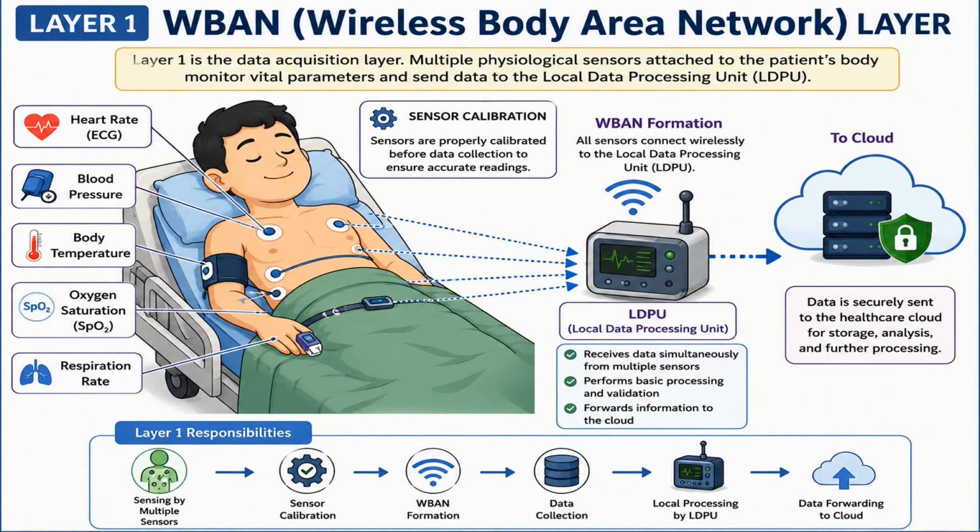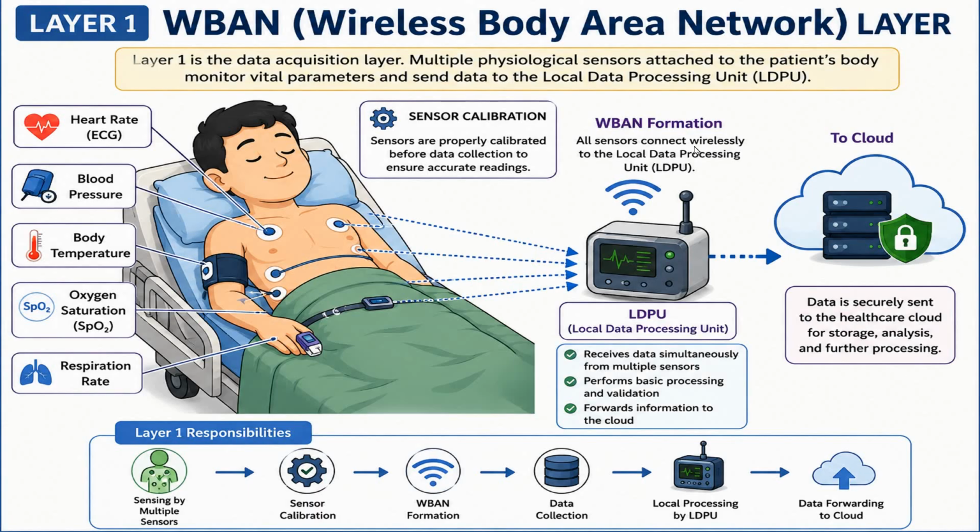Before collecting the data, the sensors undergo calibration, which is highlighted here. Calibration ensures that the sensors provide accurate and reliable measurements, and accurate sensor readings are essential because incorrect data may lead to improper diagnosis and treatment.